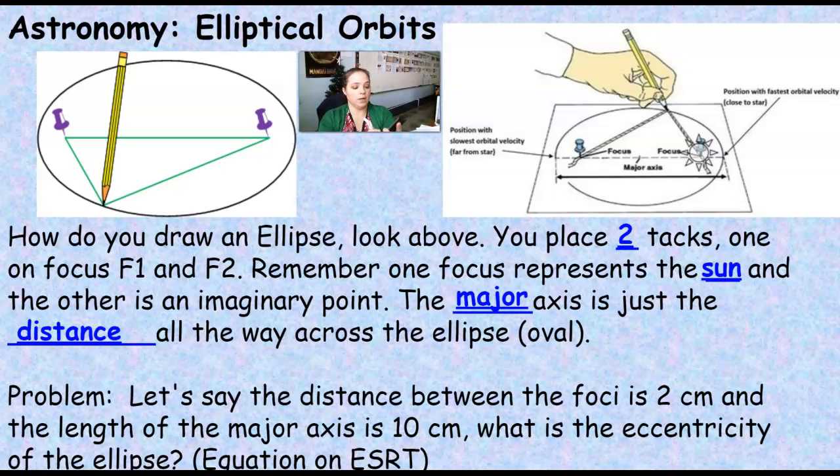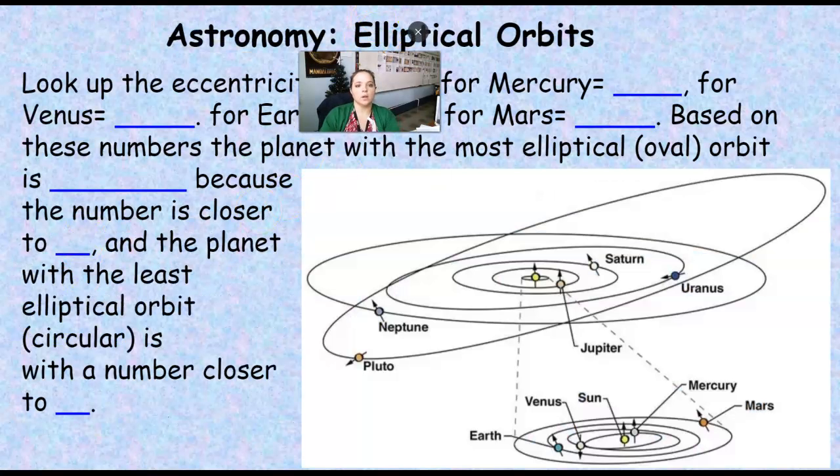So if you type that in, 2 divided by 10 equals 0.2. And here's the thing. There are no units for this. So for those of you who haven't been giving me units, this is a bonus. There are no units.